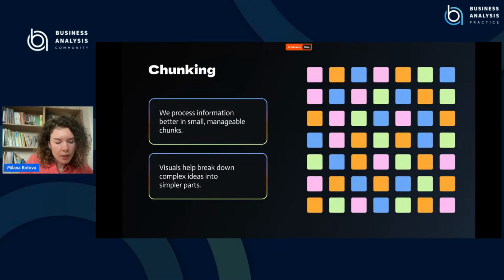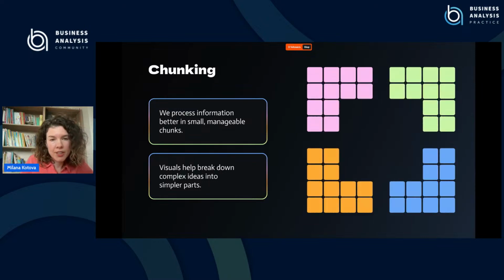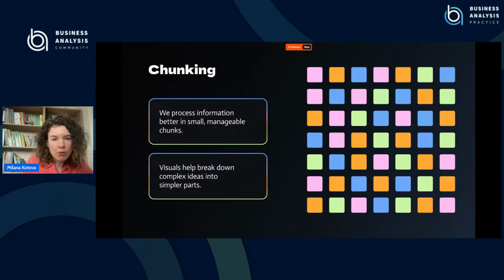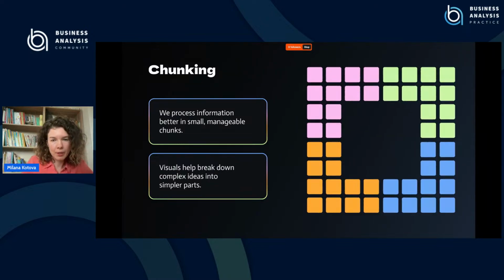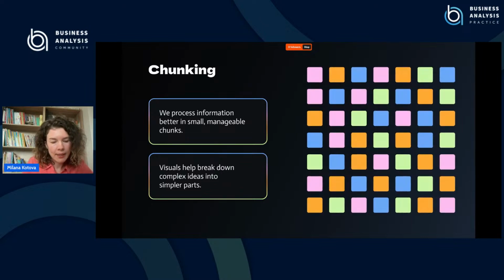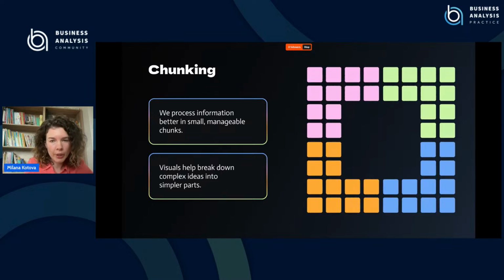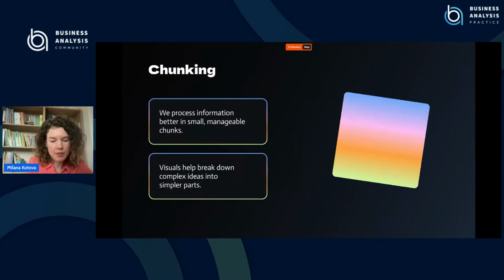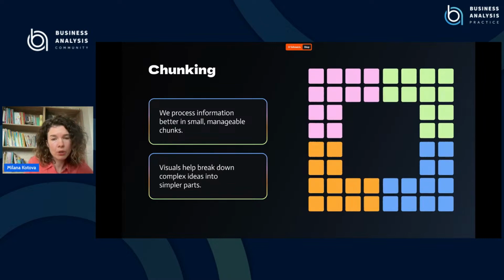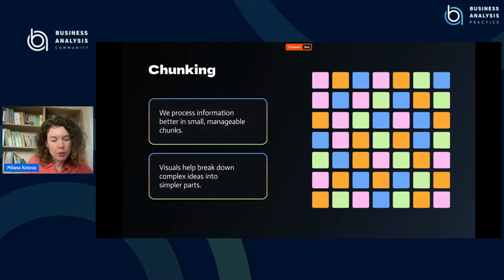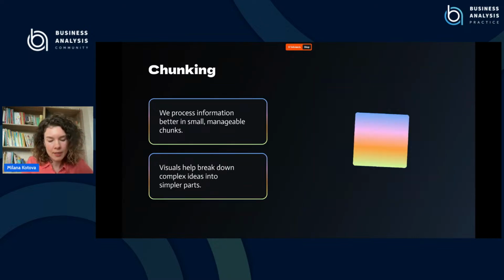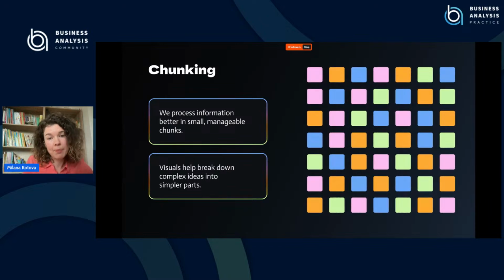Another way our brain manages data consumption is through chunking. It also looks quite simple, but is worth mentioning. Breaking down complex information into smaller, manageable parts or chunks is a technique called chunking. Visual aids like user story maps or process flows help us digest information piece by piece.